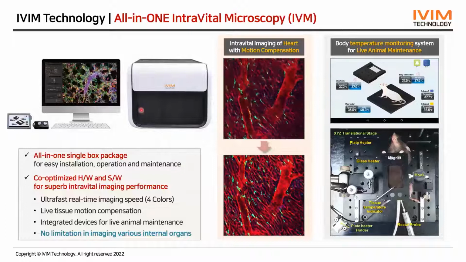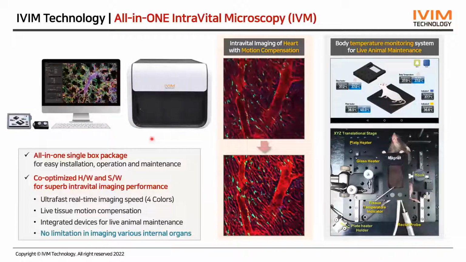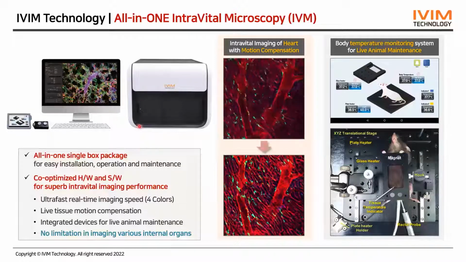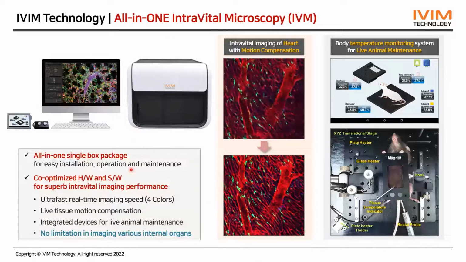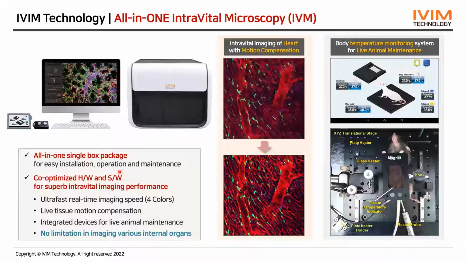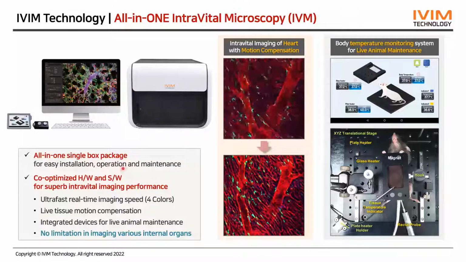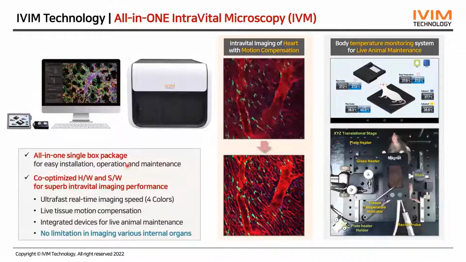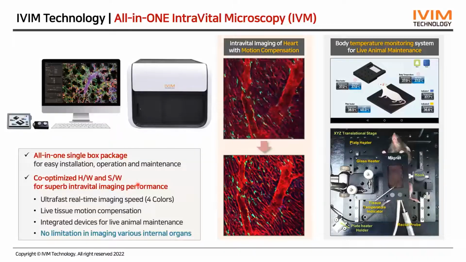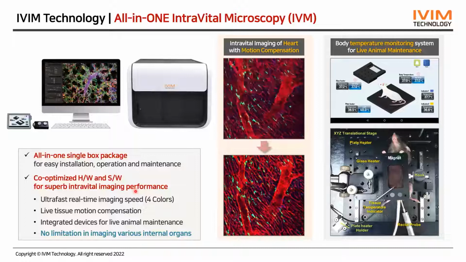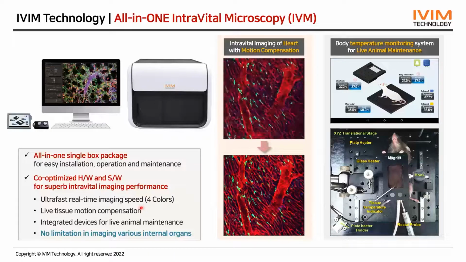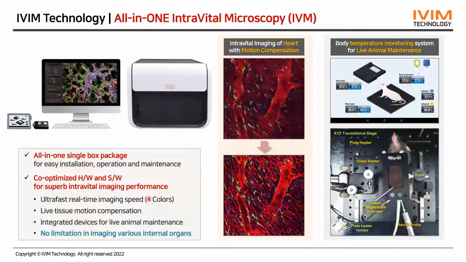Our company is the only one in the world providing an all-in-one intravital system with the best in vivo imaging performance. This all-in-one single box package enables easy installation, operation, and maintenance. It has co-optimized hardware and software for the best intravital imaging performance with ultra-fast imaging speed of up to 100 frames per second.